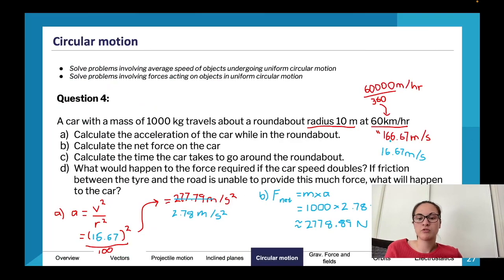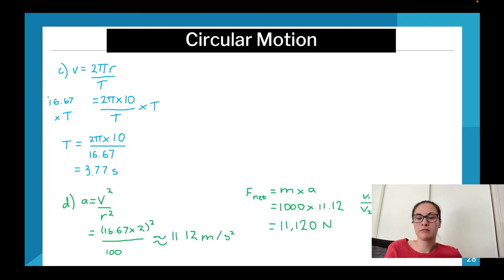So that v1 is going to be 2778.89, and then we're going to put 11,000 on the bottom.